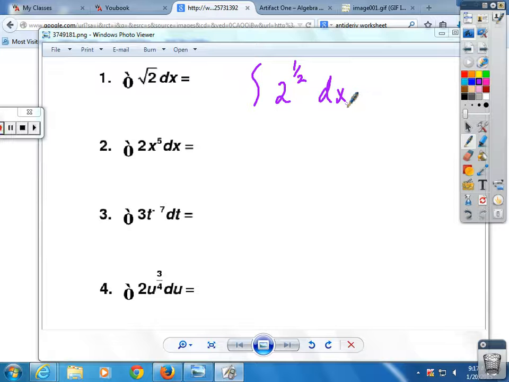So, really, what are we going to do to it? Why didn't it have an x in it? Okay. It's just like taking the antiderivative of 3 dx would be what? Because what is x right now?